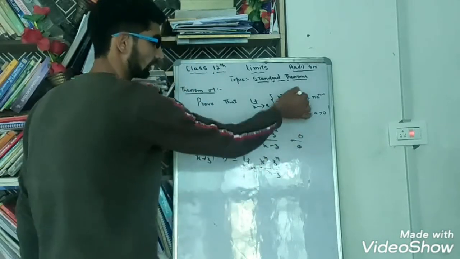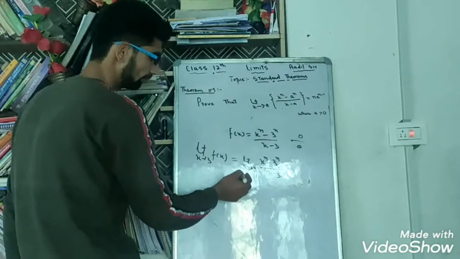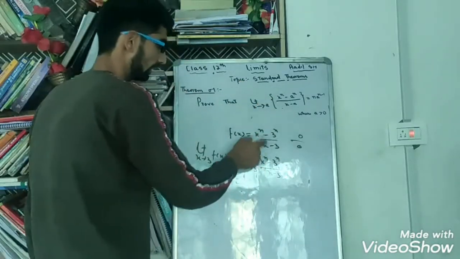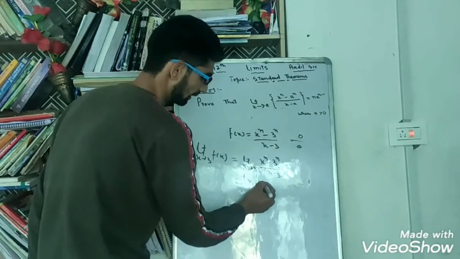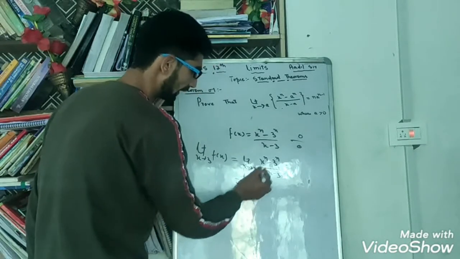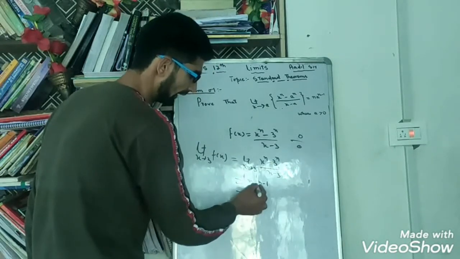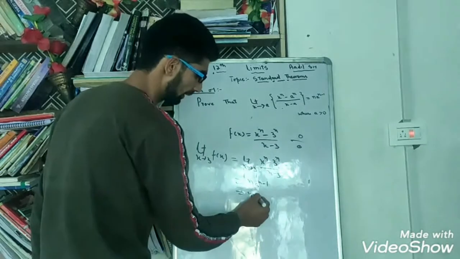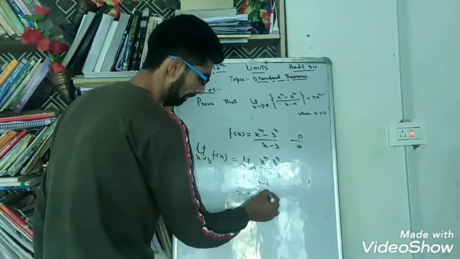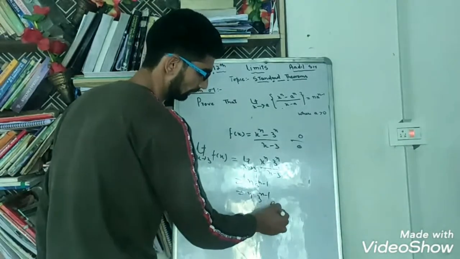By the theorem, the limit is equal to n a^(n minus 1). Here n is the same n, and a is 3. So it will be n times 3^(n minus 1). So this is our answer.